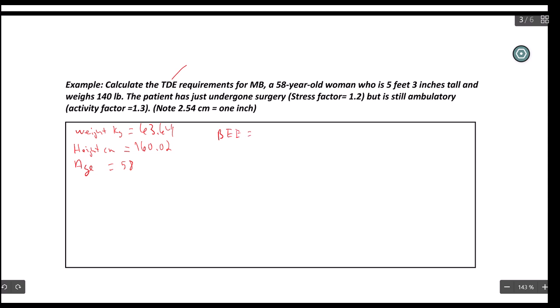The setup is going to be 655.1. We're going to add that to 9.56 times 63.64, which is their weight in kilograms. We're going to add that to 1.85 multiplied by the centimeters, 160.02, minus 4.68 times 58, and 58 is their age right there.